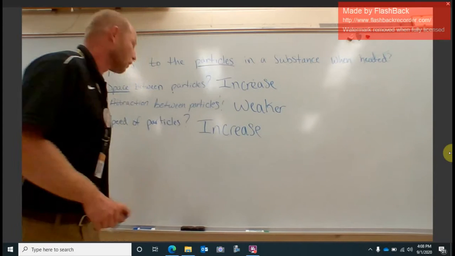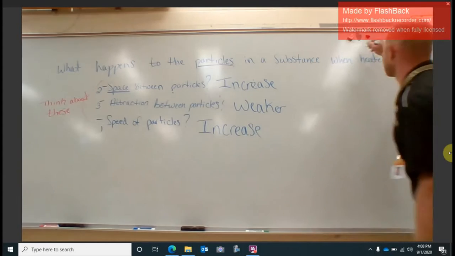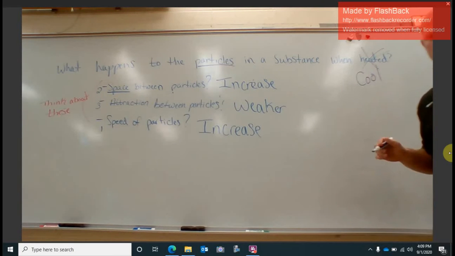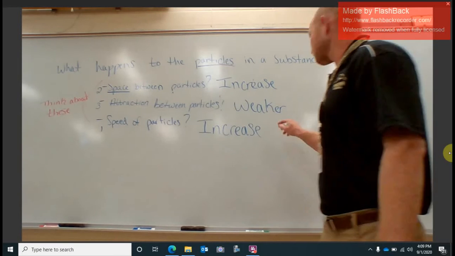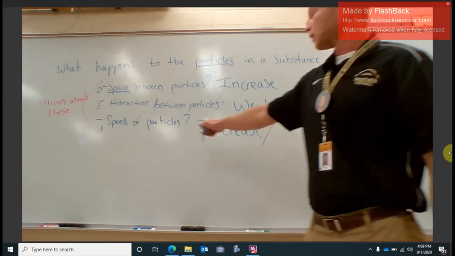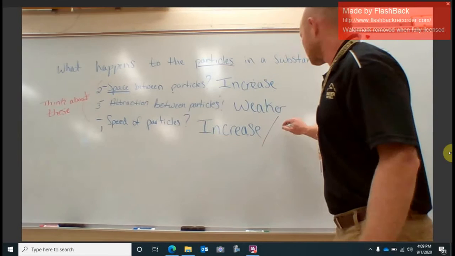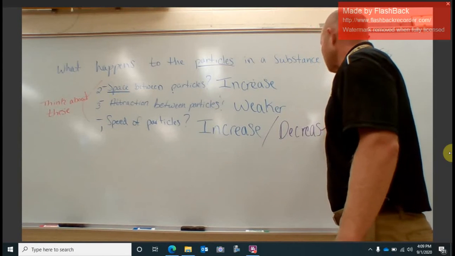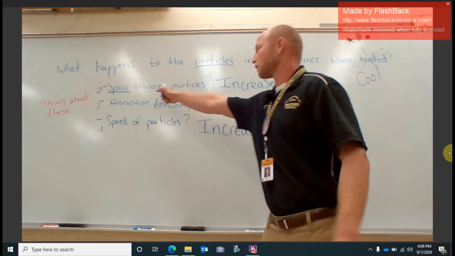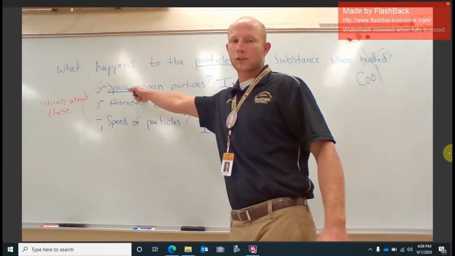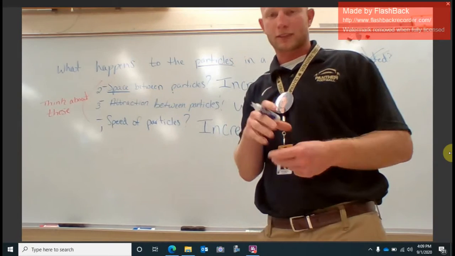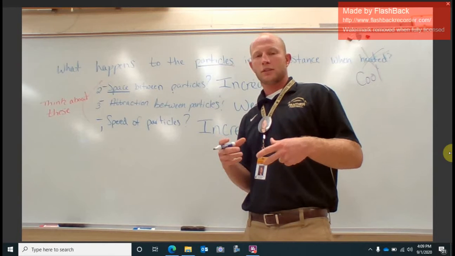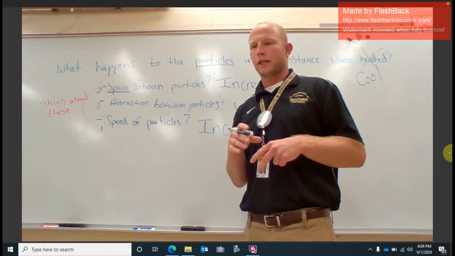Now let's look at what happens when we cool a substance. If we cool a substance, the speed of the particles decreases, so the opposite would happen. Since the speed decreases, then the space, I have space underlined here. You might say the particles expand or get bigger, but the particles inside of a substance don't actually change size.